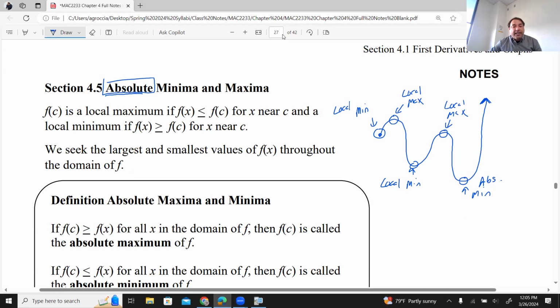No, this is not an arrow. It's not going down. If it was going down, it would go down forever. This goes up. This is the lowest point in the entire graph. Therefore, it's an absolute. So absolute is kind of reserved for being the highest point in the graph or the lowest point in the graph. It's going to be one of the extrema, but is it a local or is it an absolute?